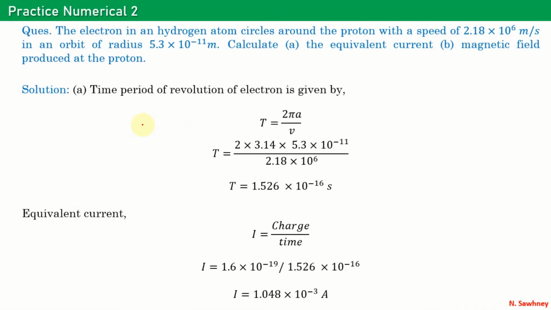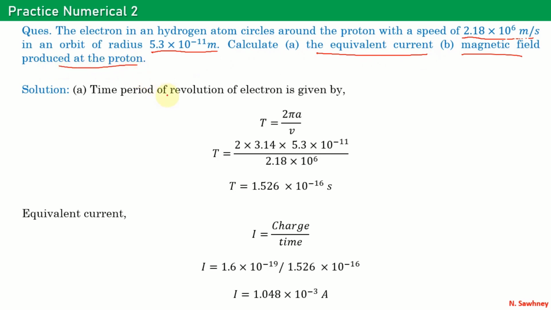Let us attempt the second numerical. The electron in a hydrogen atom circles around the proton with a speed of 2.18 into 10 raised to the power 6 meter per second in an orbit of radius 5.3 into 10 raised to the power minus 11 meters. We have to calculate the equivalent current and magnetic field produced at the proton.